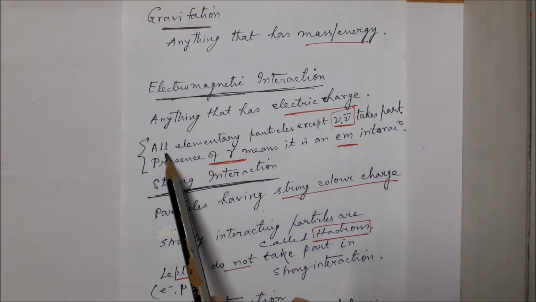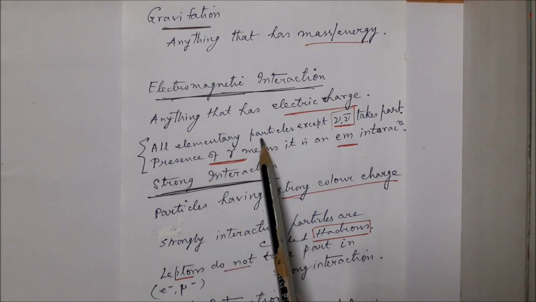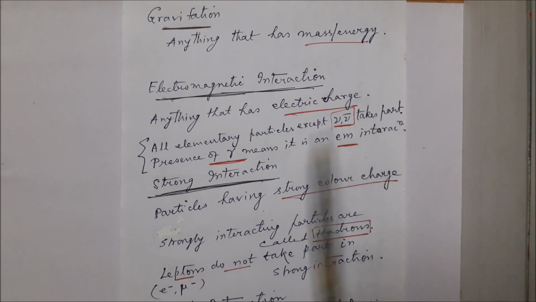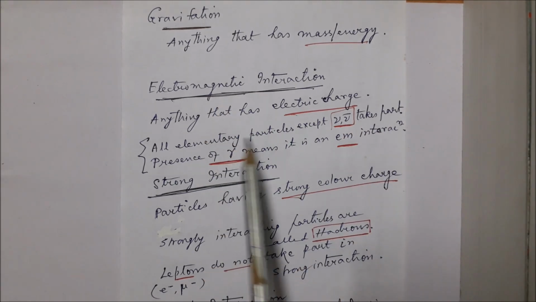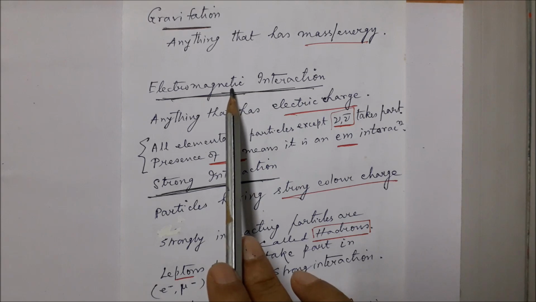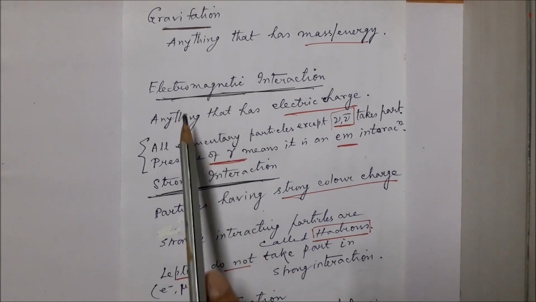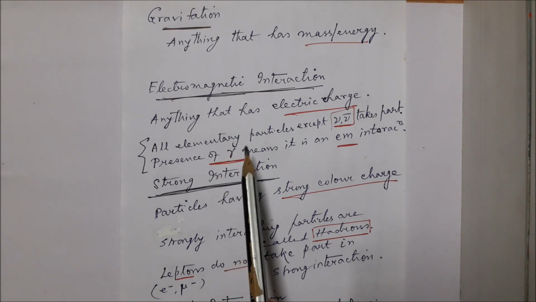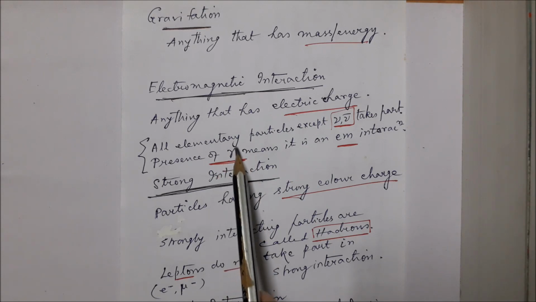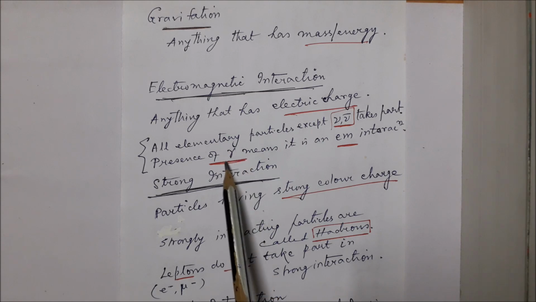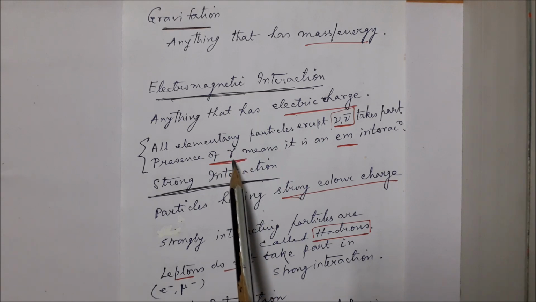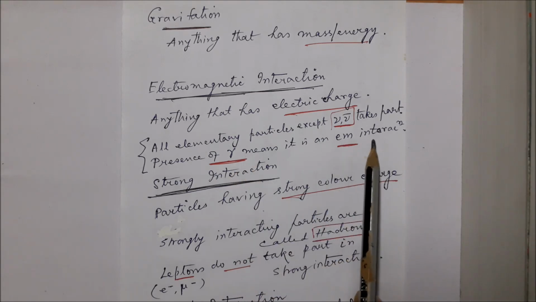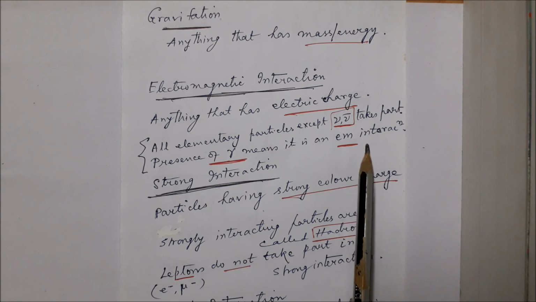One is, all elementary particles except neutrino and antineutrino take part in electromagnetic interaction. They do not take part in electromagnetic interaction. The other interesting information is that whenever in an interaction we find the presence of gamma, a photon, then that interaction is an electromagnetic interaction, provided it occurs.